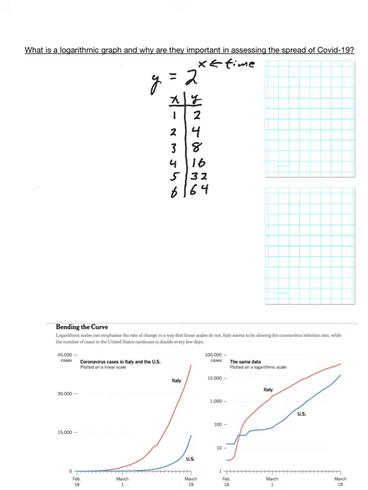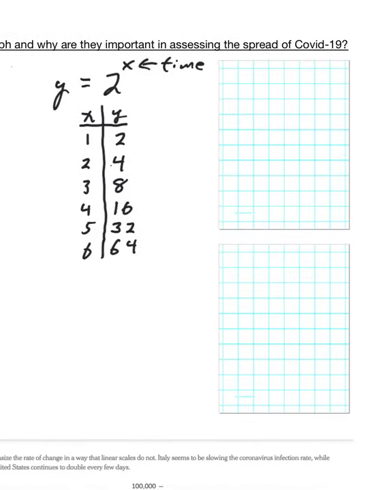So if I graph this, what I'm going to get is an exponential function that we've seen before. Let me go to 1, 2, 3, 4, 5, 6 on the x scale, and on the y scale, to make this a little simpler, I'm going to start at 0 and go up in increments of 5 to make it fit this graph better.